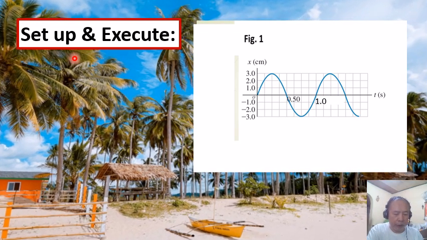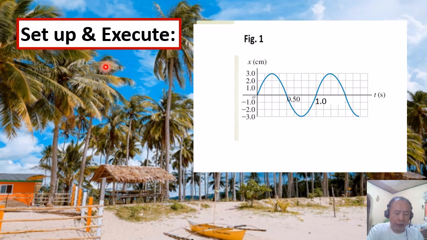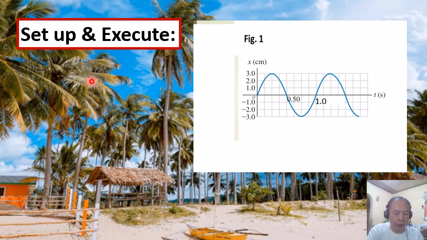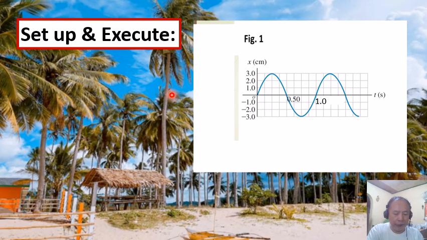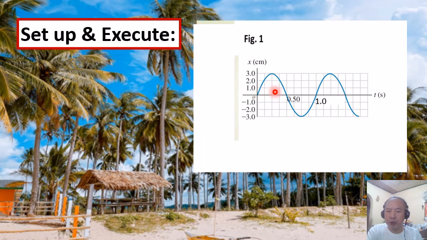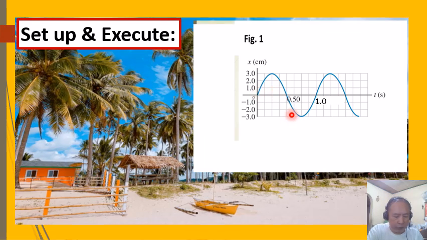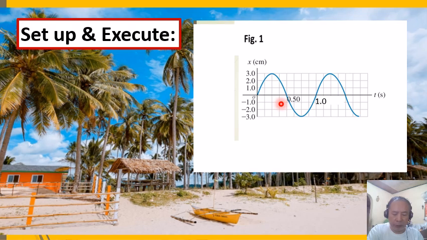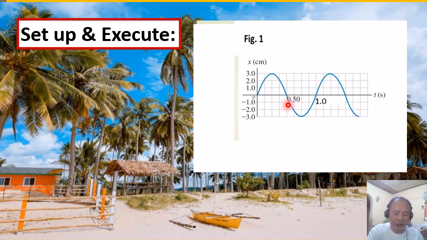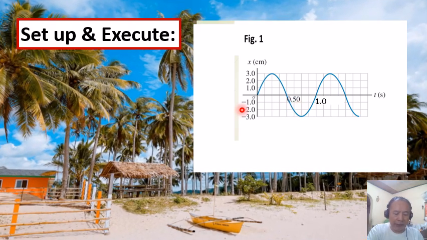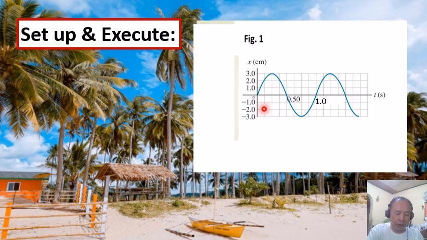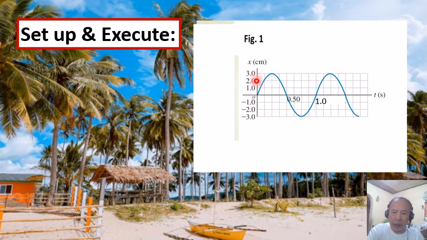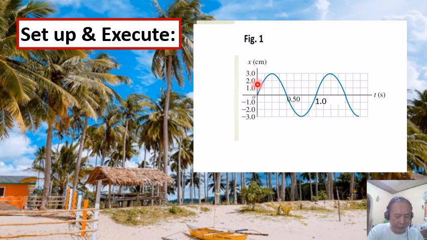As shown in the graph, at time equals 0, the ball is at the equilibrium position, or at x equals 0. It is displaced positively at x equals positive 3.0 centimeters.